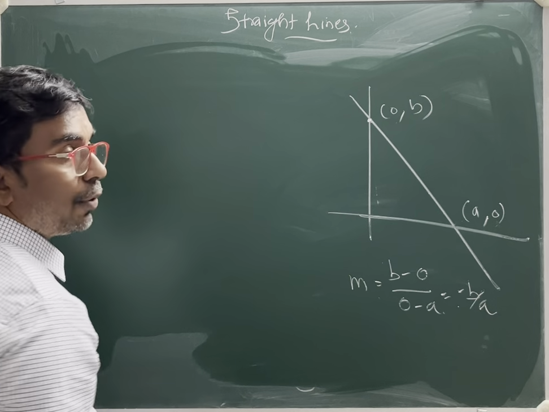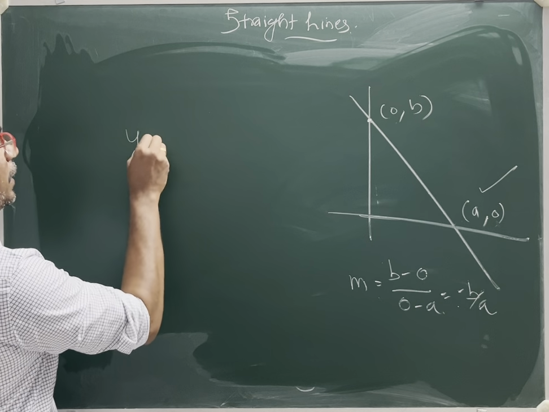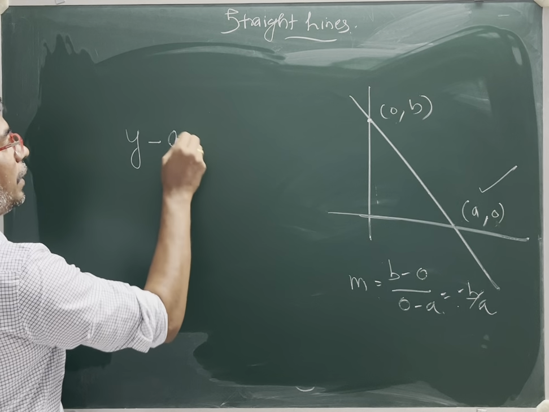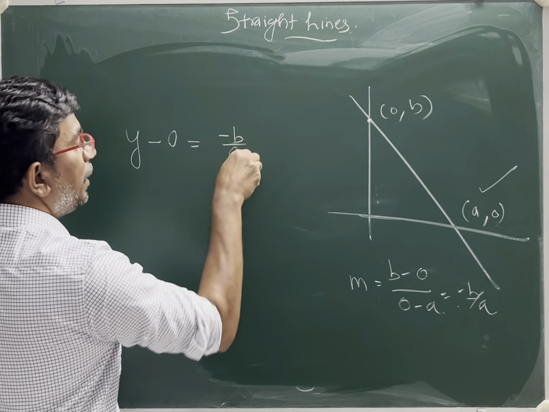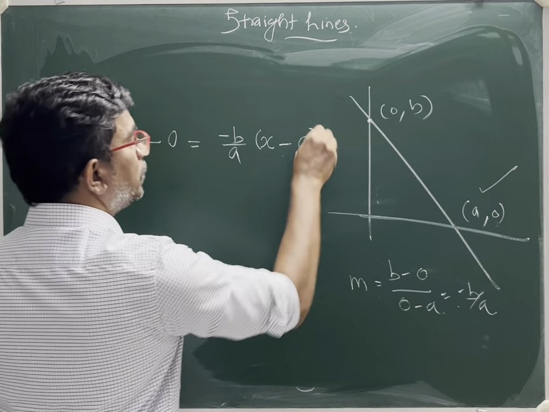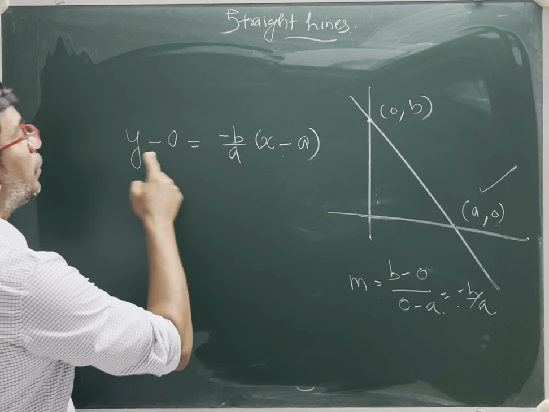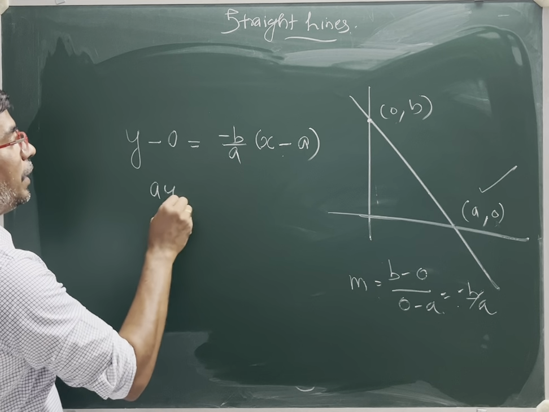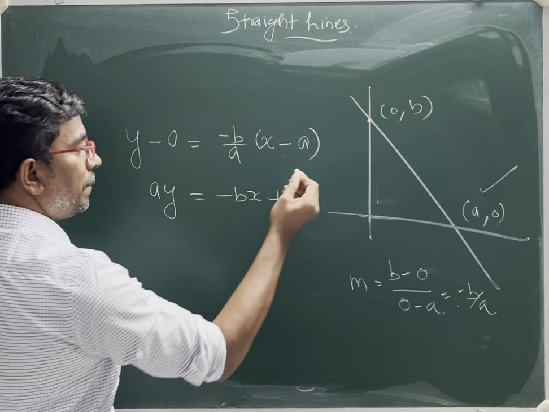Now you choose any point. Let me choose this as x1, y1. So I will write y minus y1 is equal to m, where m is minus b by a, into x minus a. Okay. Now what I do is I will cross multiply. So I will get ay is equal to minus bx plus ab.